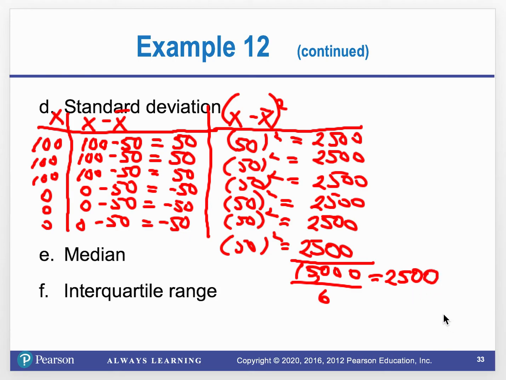Okay, at this point, what we have right here, this is called the variance. So you notice that was one of our terms. This is the variance. If I go back in and undo this square by taking the square root of this number, then that's the standard deviation.